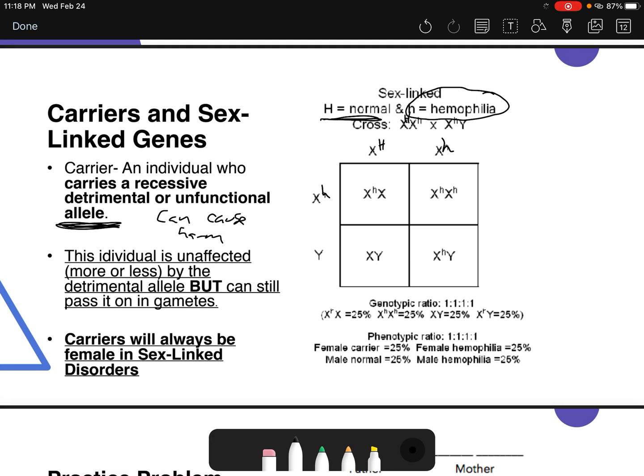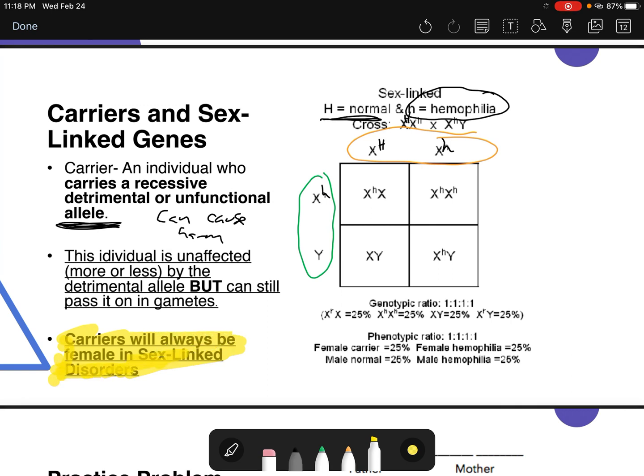And then we are crossing a female right here who is a carrier for hemophilia with a male who has hemophilia. Okay? And now, another important note is that carriers will always be female in sex-linked disorders.